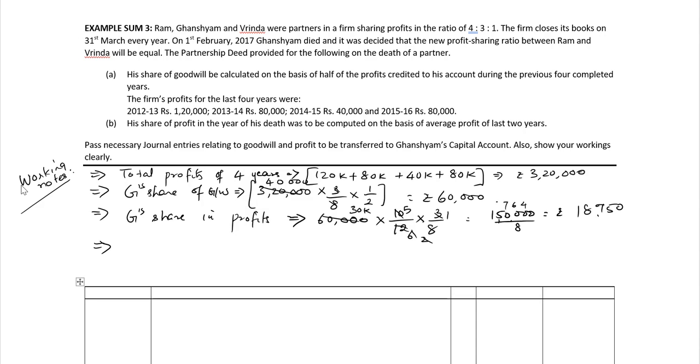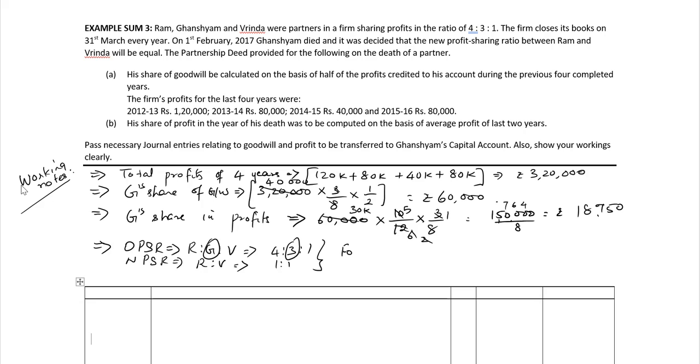Next, let's calculate the gain of the continuing partners to get the gaining ratio. As per the problem, the old profit sharing ratio between Ram, Ghanshyam and Vrinda is 4:3:1. Ghanshyam is a deceased partner. And the new profit sharing ratio between Ram and Vrinda is equal as per the problem.